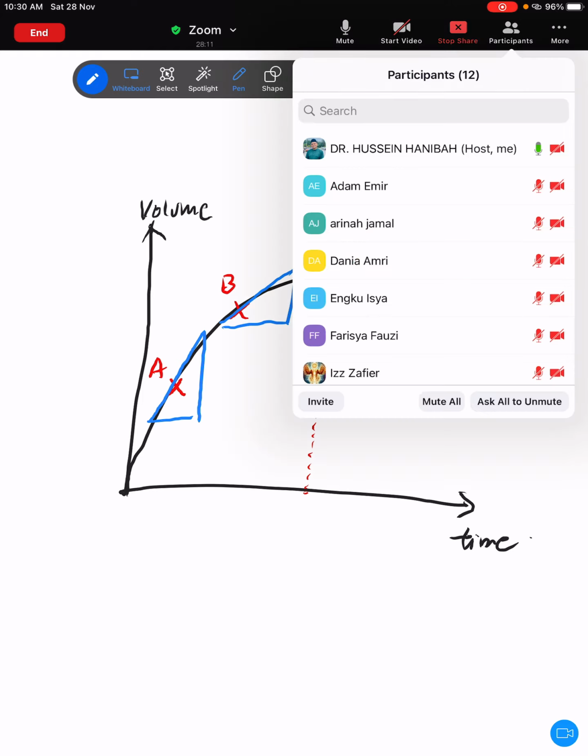Okay, let's look at point A and B, guys. I would like to ask you, which gradient is much steeper? Why?